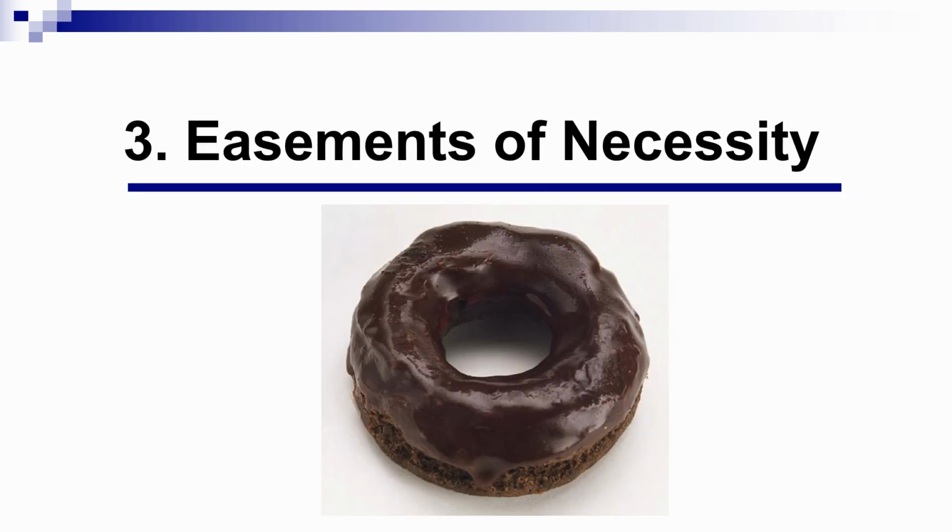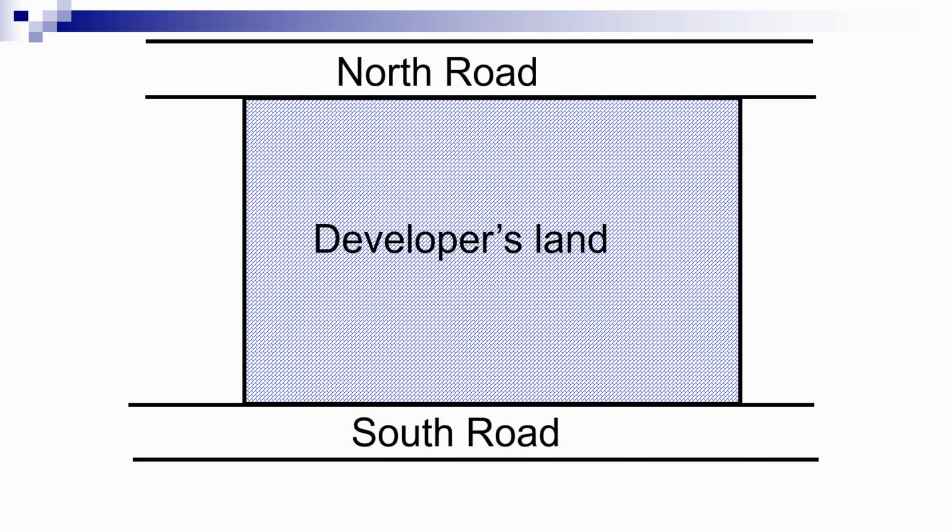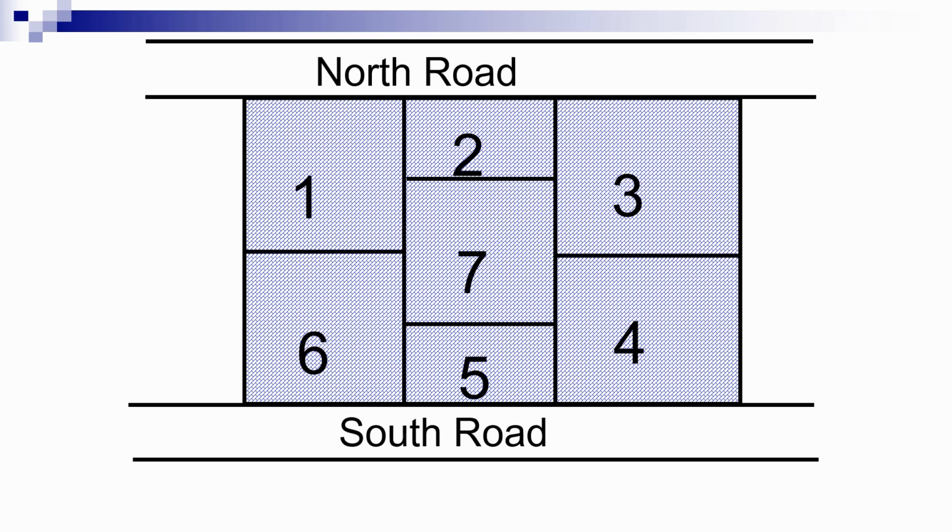The third way of creating easements is called the easement of necessity, and the donut is there for a reason. An easement of necessity often looks very much like a hole in a donut. Here's an example. A developer owns a large parcel of land with a road on the north and a road on the south. The developer subdivides that land into 7 lots.